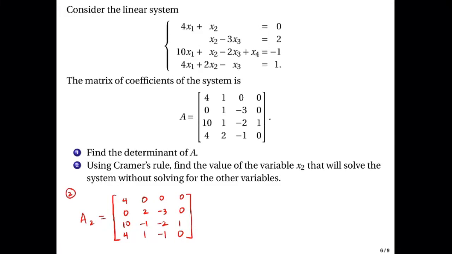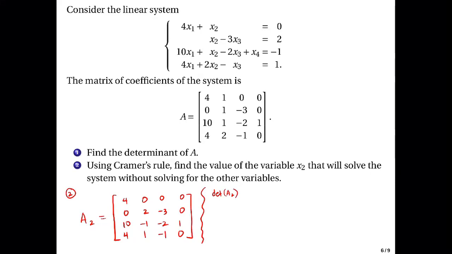So we have the determinant of A2, again expansion along column 4, almost similar to the one before. We have here 1 times negative 1 raised to 3 plus 4. But take note, the matrix that we are going to multiply is now different because the second column changed. So be sure that you have the correct matrix.